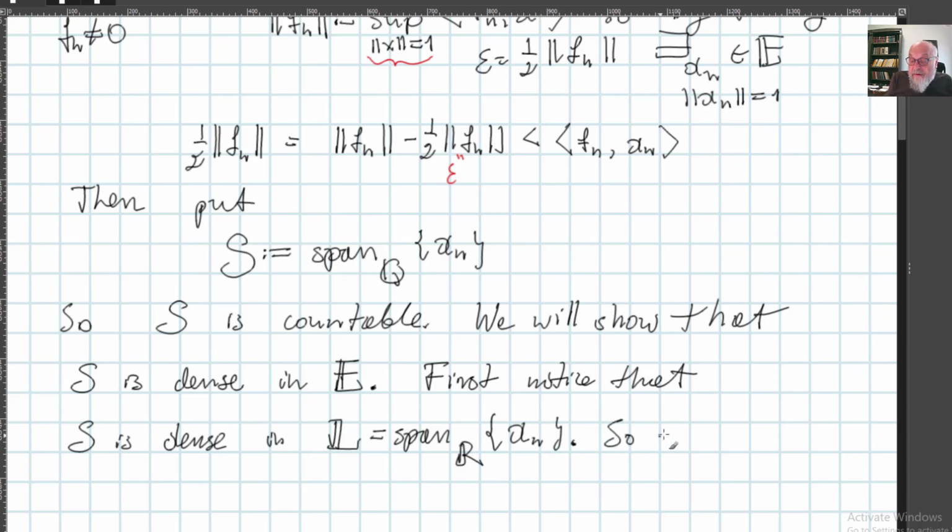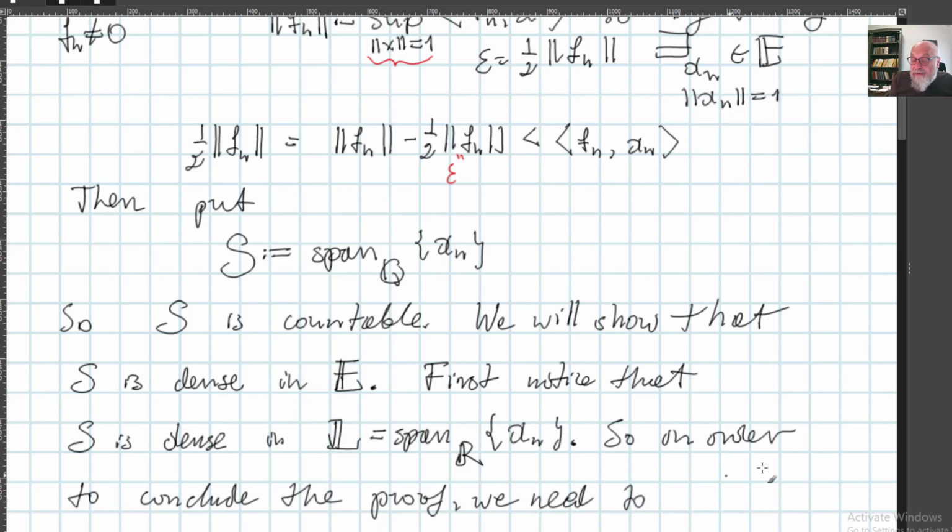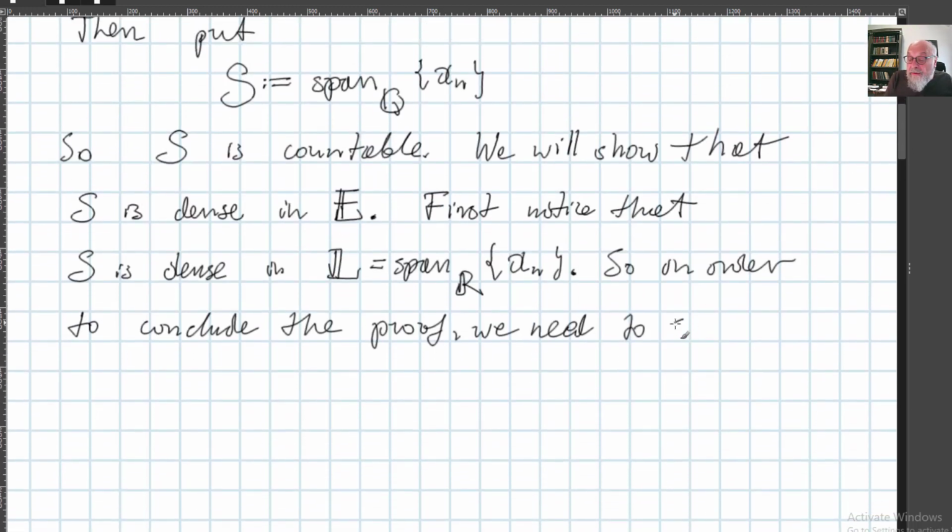So, in order to conclude the proof, we need to show that L closure is equal to E. That means L is also dense, so it's enough to show that S is dense in E. And how to prove it?